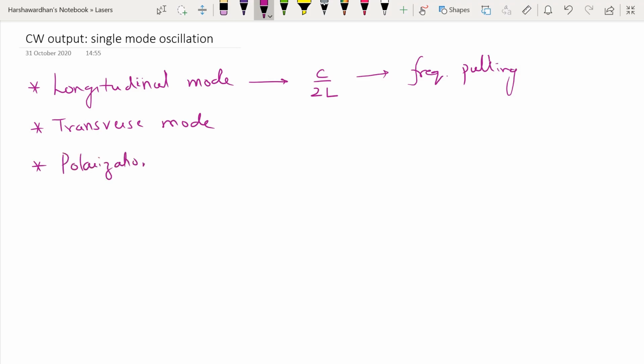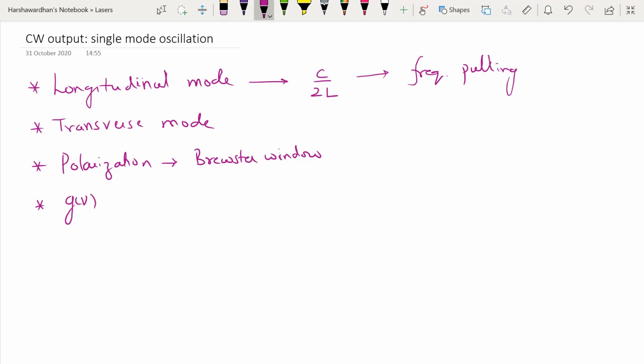We simply ignored it until now, but actually there is a way of making sure that we get polarized output. So we need to actively choose the polarization in order to obtain polarized output from a laser. And I will just indicate one method, which is the use of the Brewster window to do the selection in polarization.